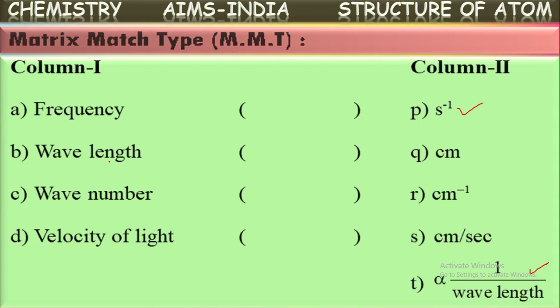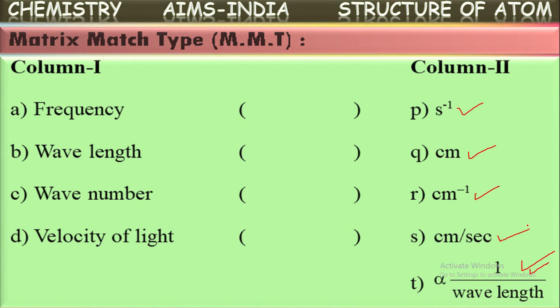What about wavelength? Wavelength is a distance, so it will have units of centimeter. Next, wave number. Wave number is the reciprocal of wavelength, so it will have units of centimeter inverse, and it is also inversely proportional to wavelength. What about velocity of light? Velocity of light is distance per unit time, so it will have units of centimeters per second.